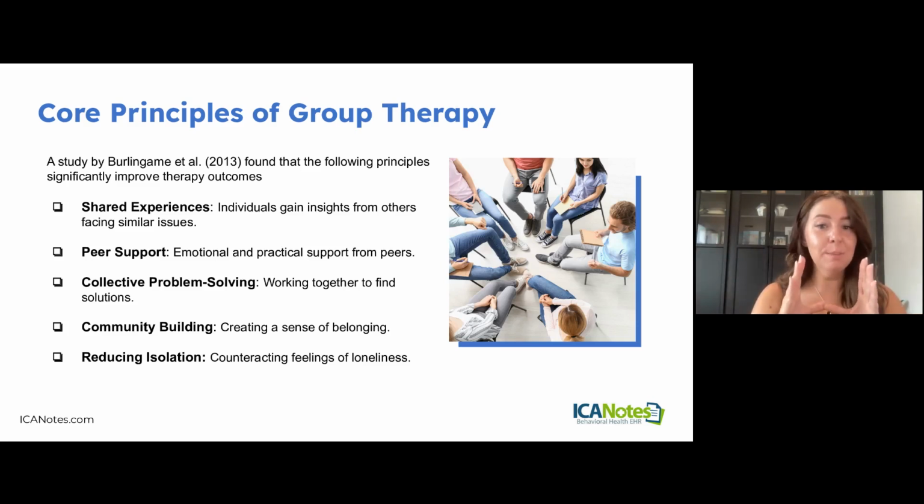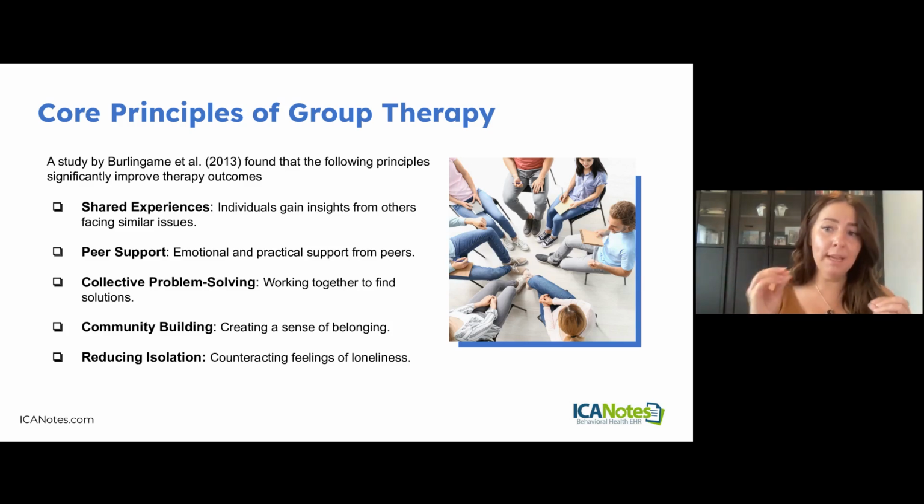But then there's a subset of individuals who really crave a shared experience, a supportive space around people who can relate to their experience. They also thrive in a setting where the problem solving isn't just on them and on their plate, and they can listen to what other people are saying and learn from each other throughout that problem solving process. It builds community.